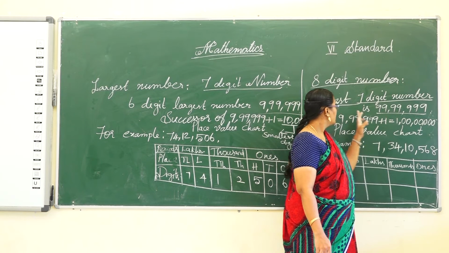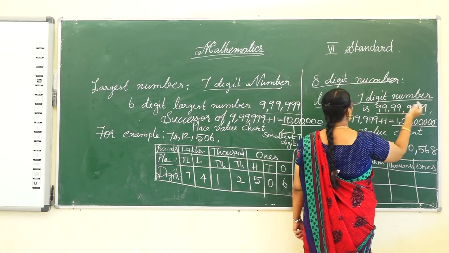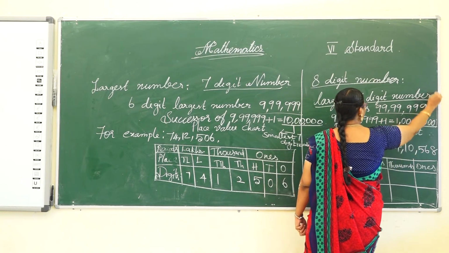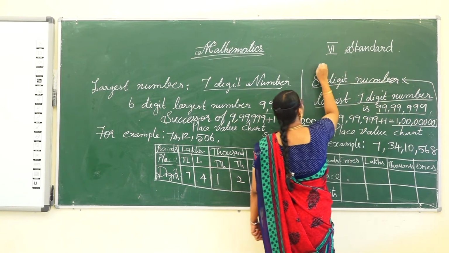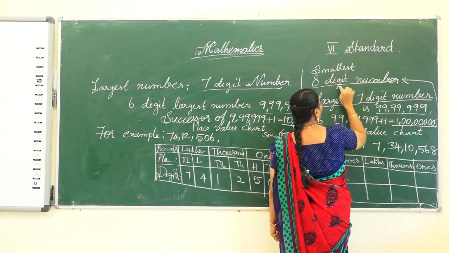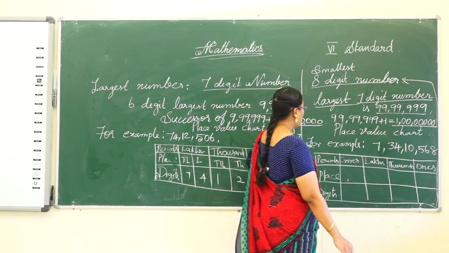One crore is the smallest 8-digit number. So 1 crore is the smallest 8-digit number.